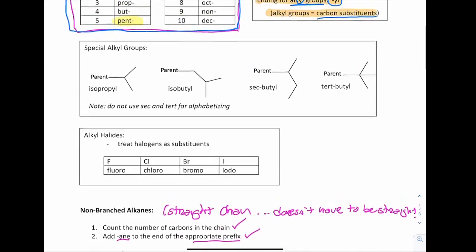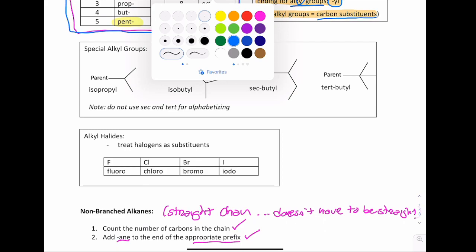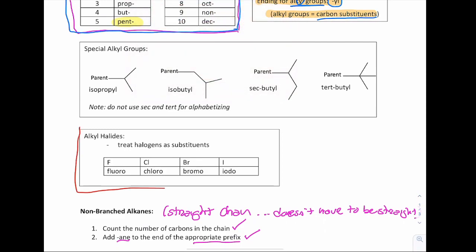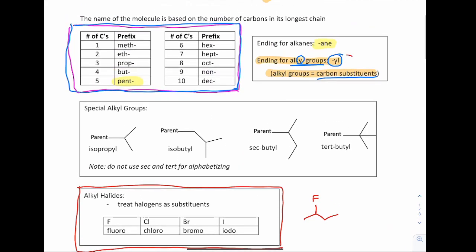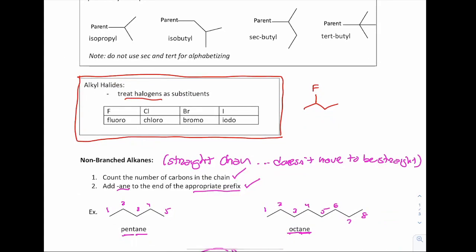We are going to, might as well do this now since we're here, name alkyl halides in this section also. Remember, alkyl halides, I had a halogen attached to an sp3 hybridized carbon. So if I was to go and stick a fluorine on here, I'm going to name them just like I would name any other alkane, except instead of having an alkyl group, right, instead of having a carbon-based substituent on it, I'm going to have a halogen.